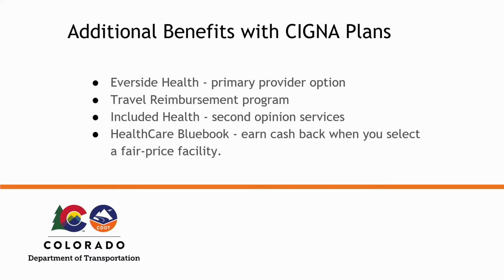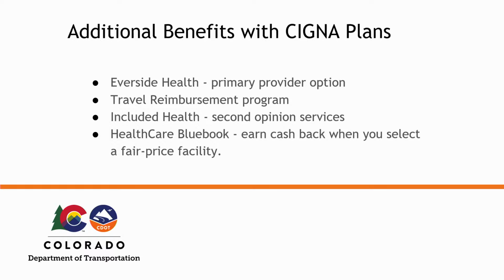And there's a Healthcare Blue Book where you can earn cash back when you select one of their preferred facilities. I do know that a coworker told me that she recently got a $25 cash back reward for having just gone to her regular facility to get a regular service because it was on the fair priced facility preferred provider list.